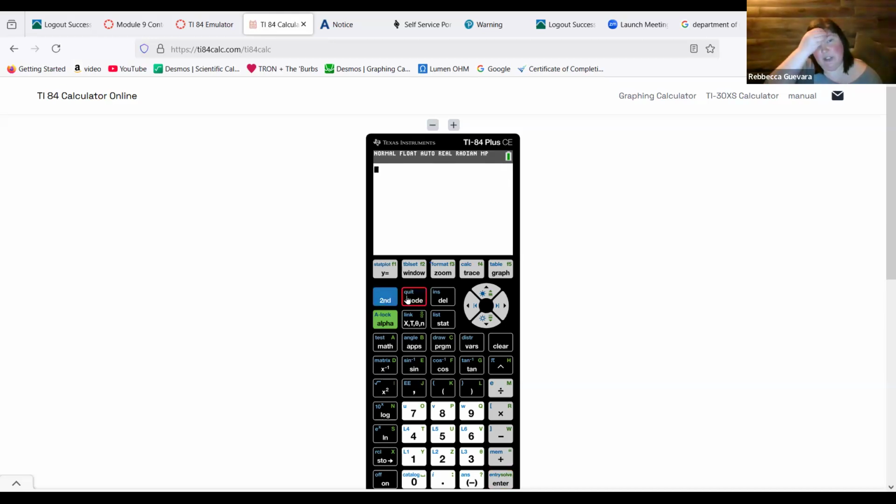All right, second quit to get to the home screen, just to make sure that your screen is clear before we go back to statistics and go to one variable statistics. List 1 is where you're going to put your discrete random variables. Your frequency list, or list 2, depending on what your calculator says, is where you put your second list.